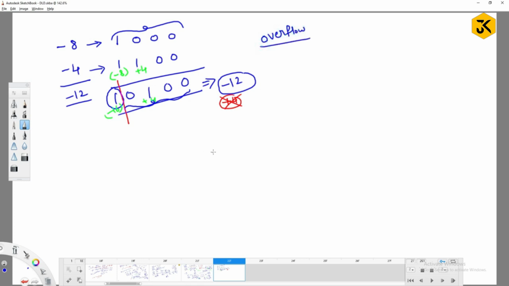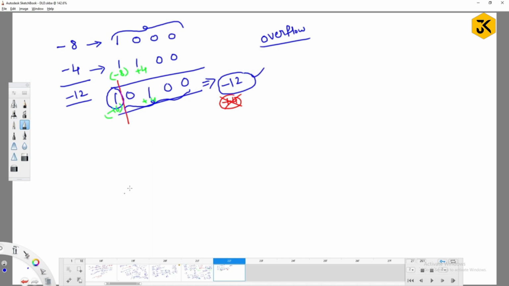What is the meaning of overflow? It requires extra bits to store the data. If you have only 4 bits, it is not sufficient to store the data. That is why you are getting the incorrect result. So if you tell the system that there exists an overflow, so please add one more memory location, this one won't be lost. When the one won't be lost, your result will be minus 12.